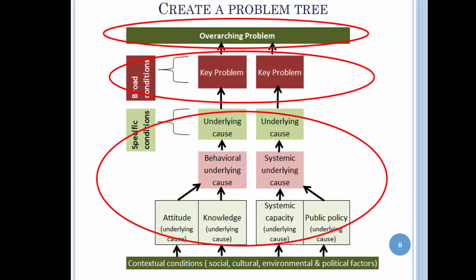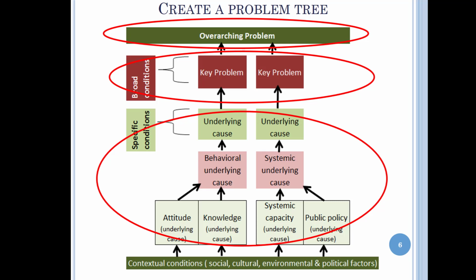Underlying causes are those causes that are inducing these key problems, are preconditions for the appearance of these key problems. They may be related to human behavior or to systemic weaknesses that contribute to these key problems.